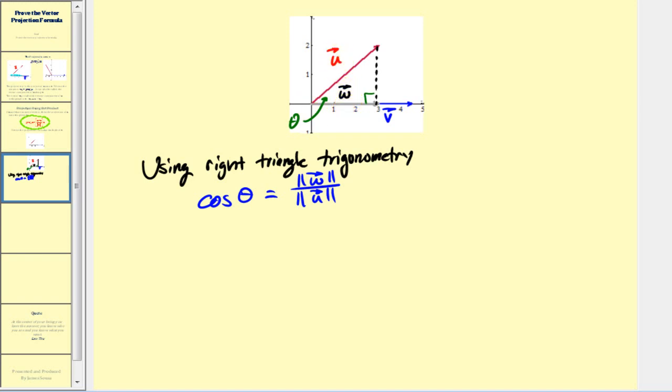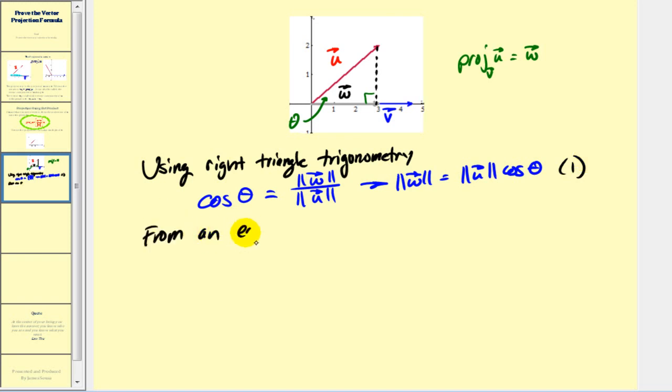And let's go ahead and state that. So if we wanted to solve this for the magnitude of w, we would just multiply both sides by the magnitude of u. So we'd have the magnitude of w is equal to the magnitude of u cosine theta. Let's go ahead and call this equation 1.